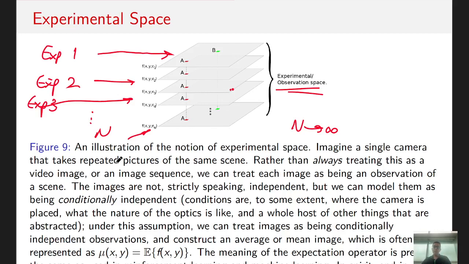Basically what I do is I repeatedly acquire images, and this time the scene, the thing I'm acquiring the images from, stays in exactly the same position in the imaging system. It doesn't move, nothing else is changing. All that's happening is that I'm acquiring a series of images, but because I will always have measurement noise, I'm going to get some small degree of variation from one image to the other. To characterize that deviation, I use two things.